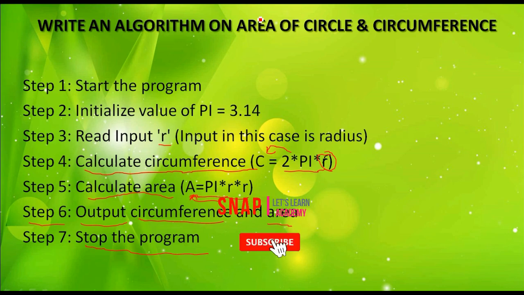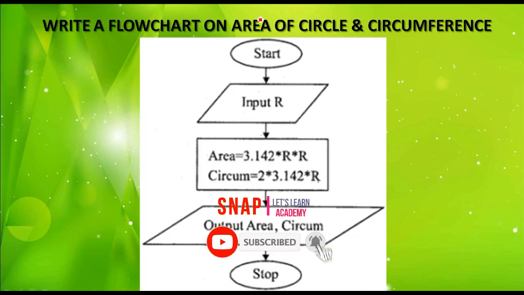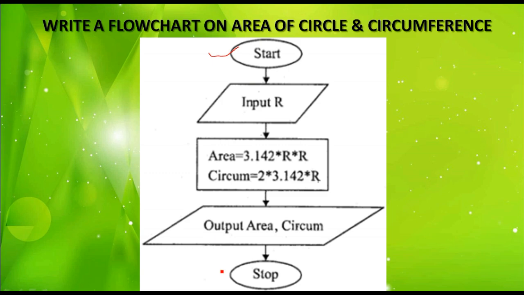After this is the flowchart, how we can draw it. So this is the start and stop, right? So starting and stopping the program, and this symbol is used to input the radius.